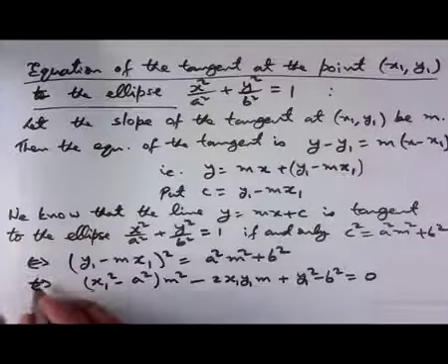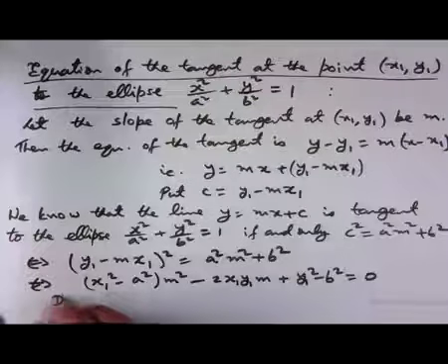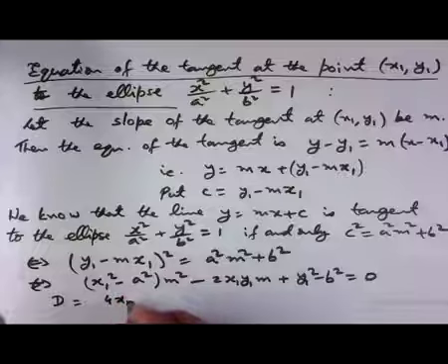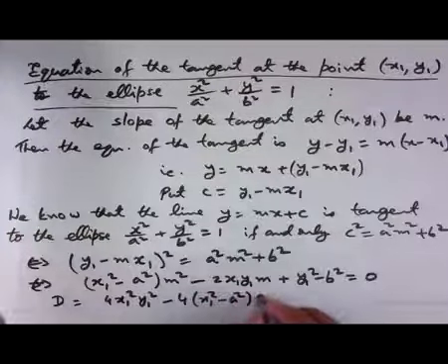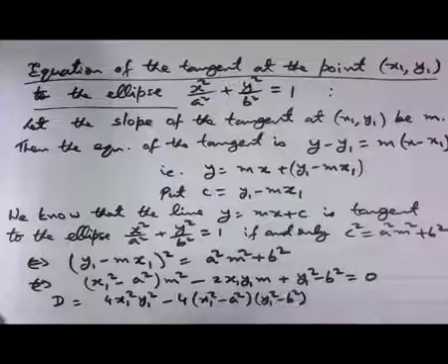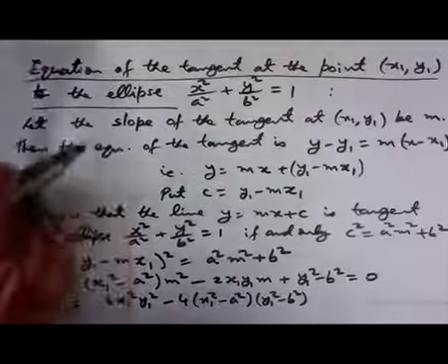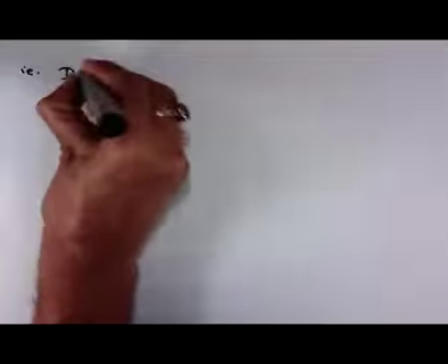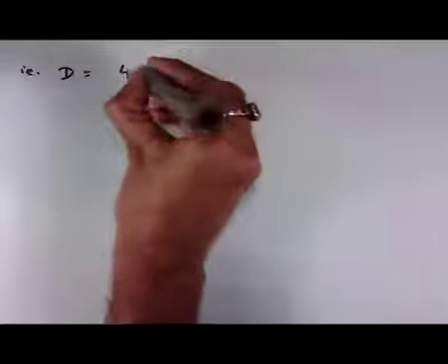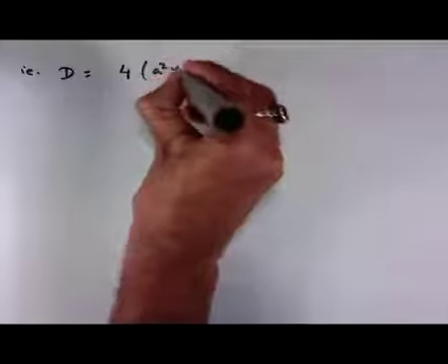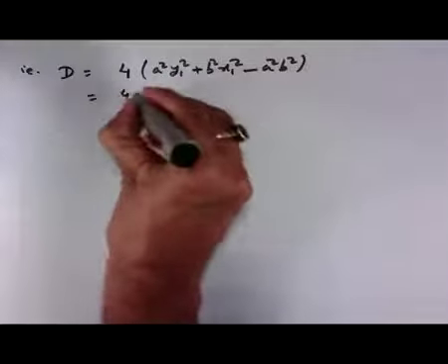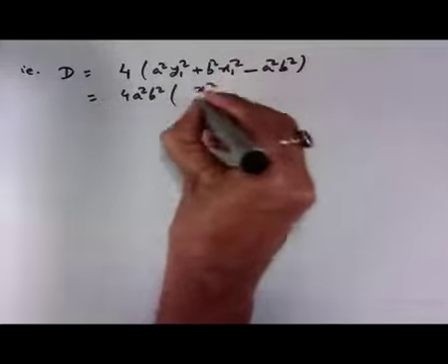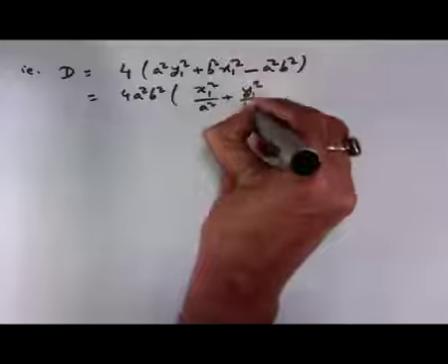Here note that the discriminant D is equal to 4 x1 square y1 square minus 4 (x1 square minus a square)(y1 square minus b square), which gives D is equal to 4 times (a square y1 square plus b square x1 square minus a square b square), which is the same thing as 4 a square b square times (x1 square by a square plus y1 square by b square minus 1).